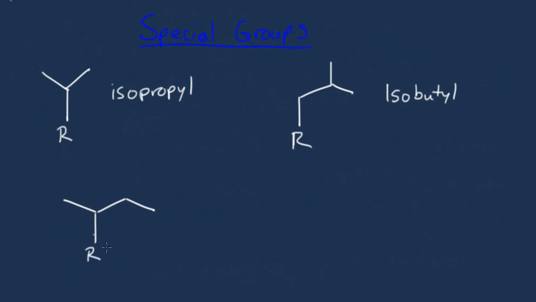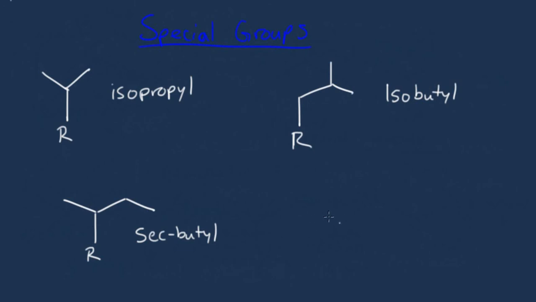And this particular one, where R is another parent chain for the sake of this video, we have the substituted group right here, and we're going to refer to this as sec butyl, because we have 4 carbons, which is our butyl part, and the orientation that they are configured in is where we get the prefix sec.